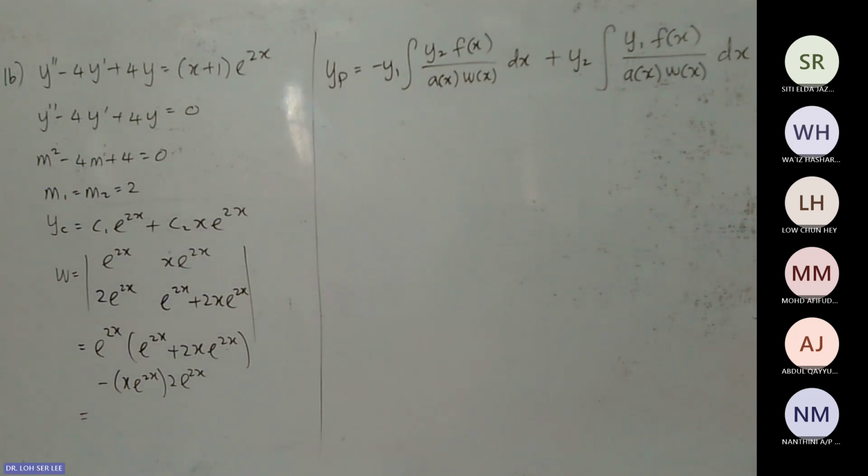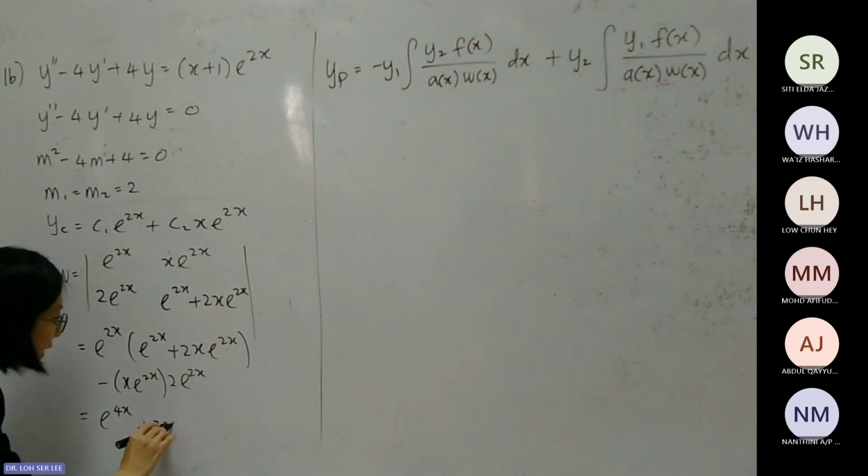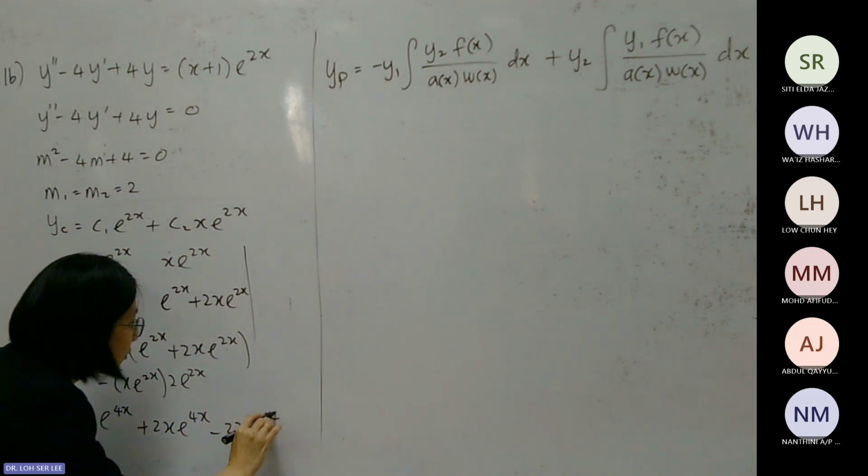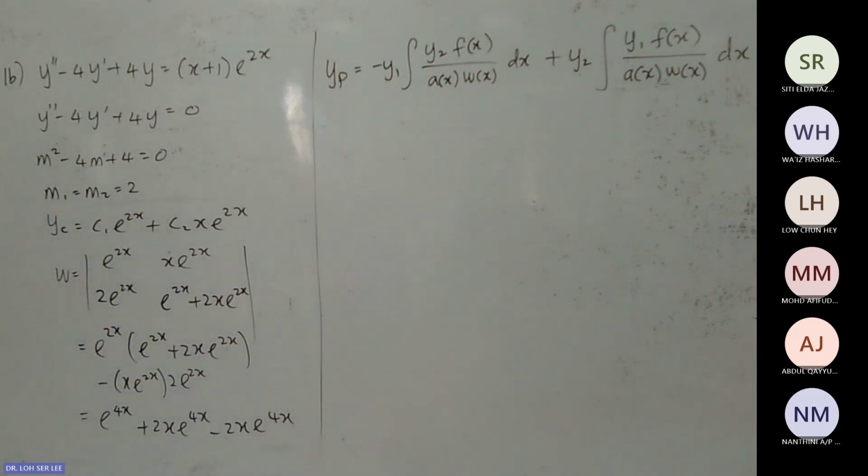Okay, so expand: e^4x plus 2x e^4x minus 2x e^4x. So that means your Wronskian function is e^4x.